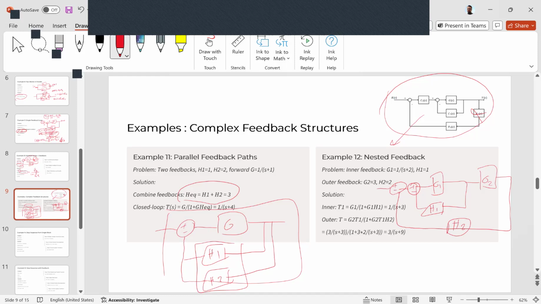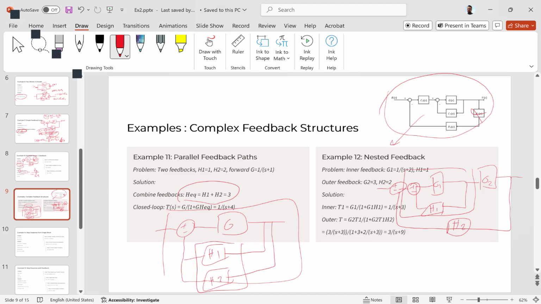We call it nested feedback. We have an inner feedback and an outer feedback. How can we deal with that? Any idea? How can we simplify that to one block, one transfer function?